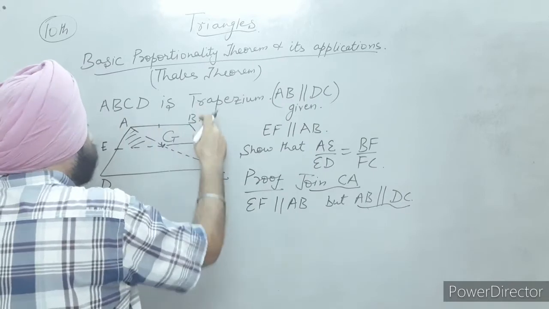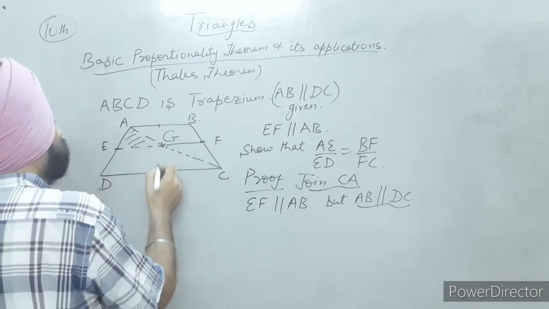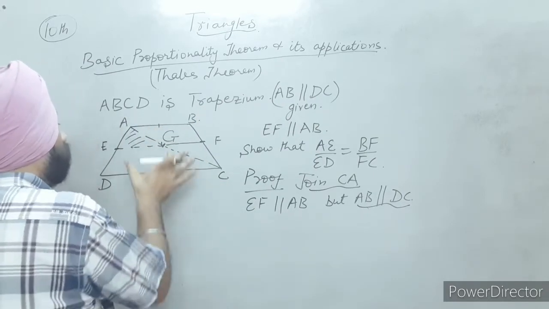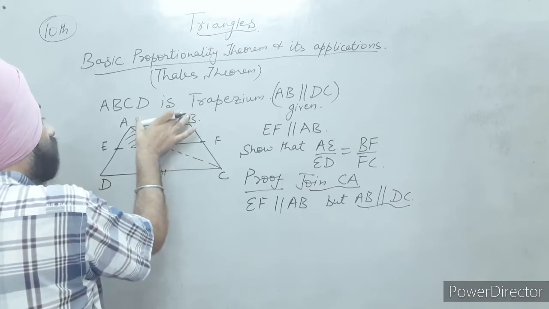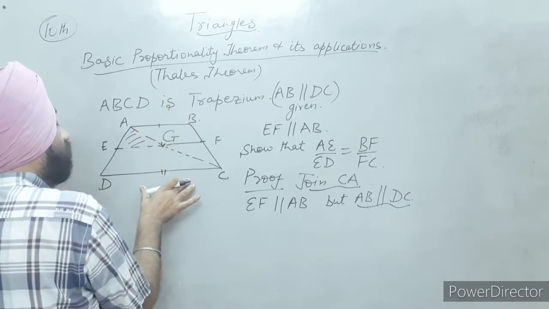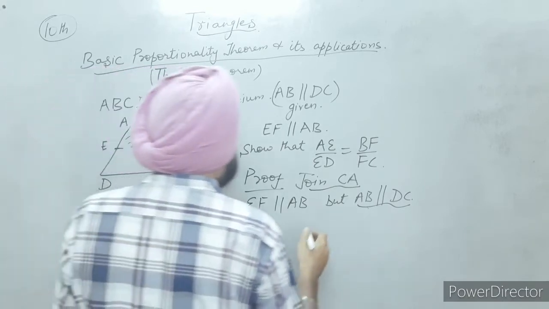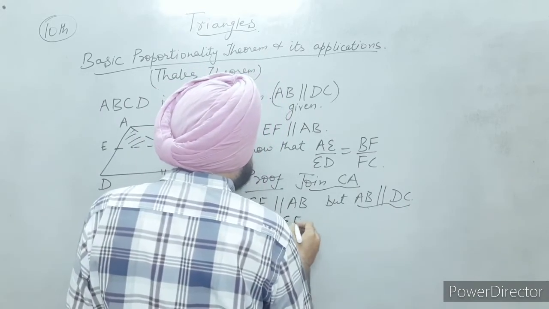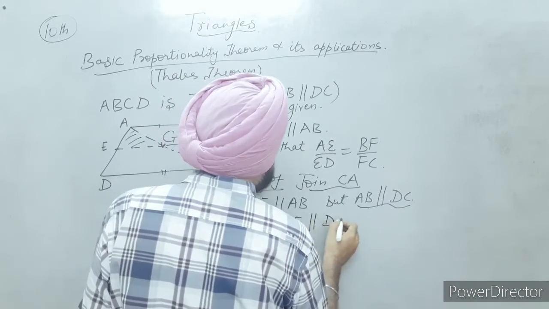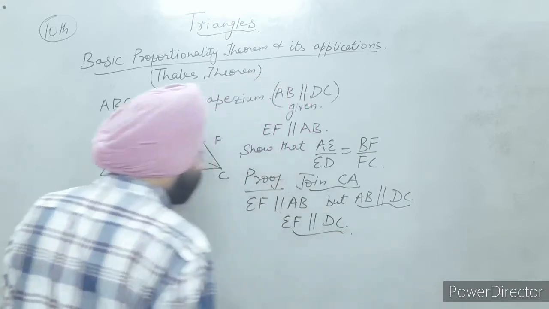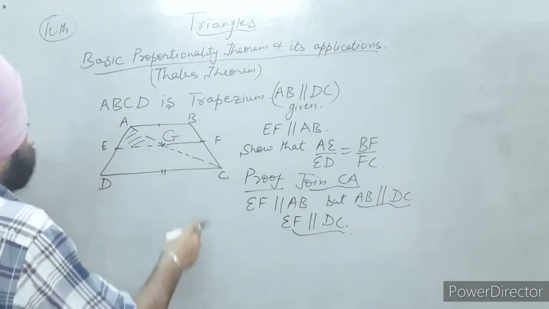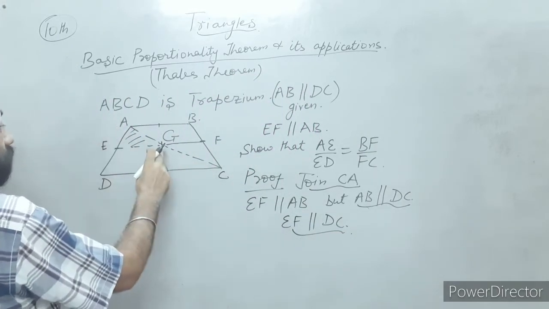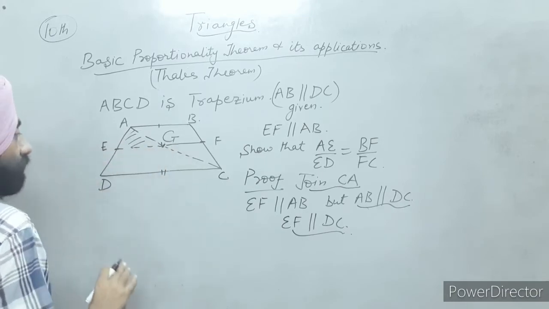Moreover, here ABCD is a trapezium, opposite sides are parallel to each other. Now if EF is parallel to AB and AB is parallel to DC, therefore EF is also parallel to DC. Now, we joined CA to intersect EF at point G.